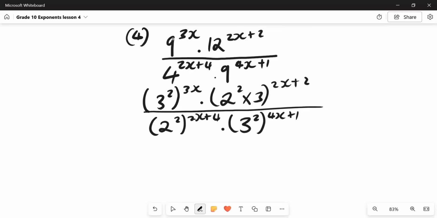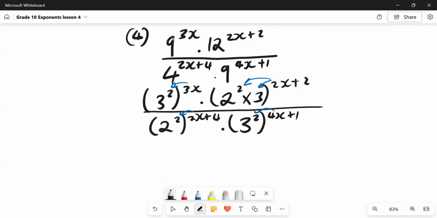From here, let's apply law number 3 and number 4. If you don't remember those laws, you can pause the video and go back to check the laws. I've already explained the laws. So we apply law number 3 and 4. We have to remove the brackets by distributing, right?